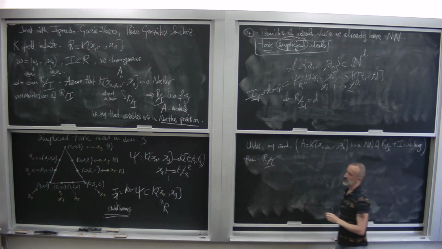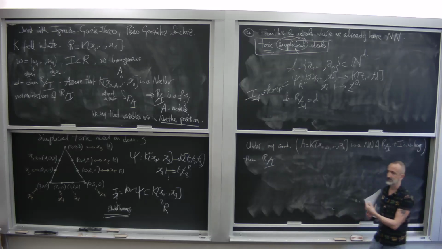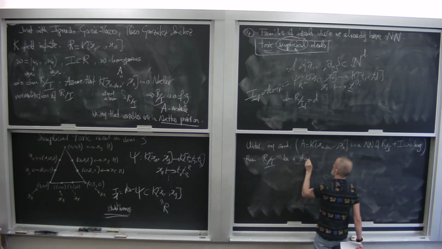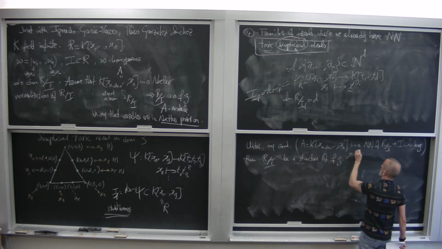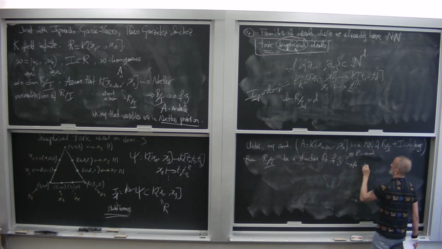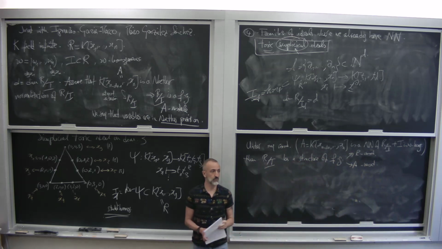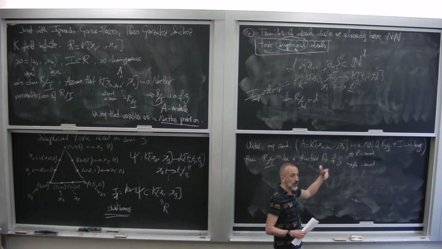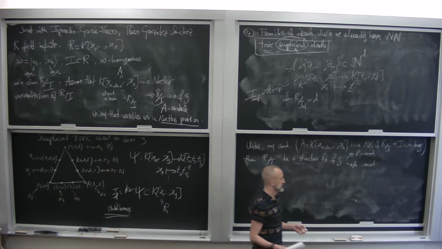R/I can be seen as an R module as usual, or as a structure of finitely generated A module. So I can think about its minimal graded free resolution as an R module, as I always do, or as an A module, which is what I'm going to call the short resolution.